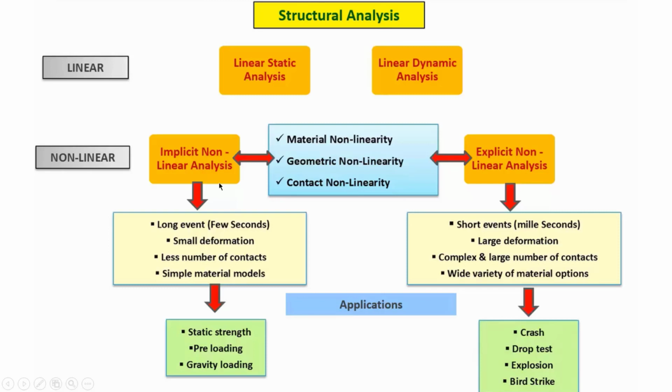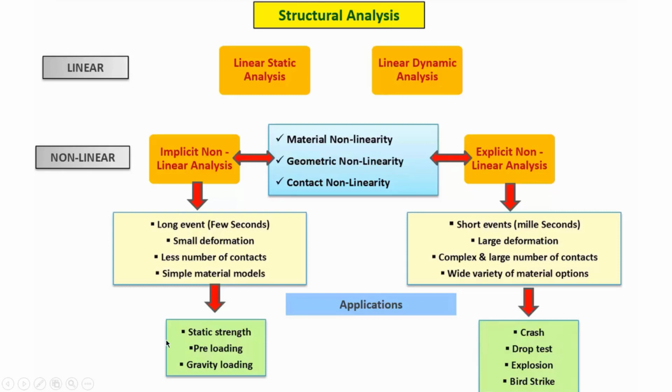Okay, so as I already explained what implicit and explicit are in depth before, for example, for implicit analysis we are going to solve the solutions for static analysis. Okay, for explicit we'll be dealing with crash, drop test, explosion, bird strike analysis and all.